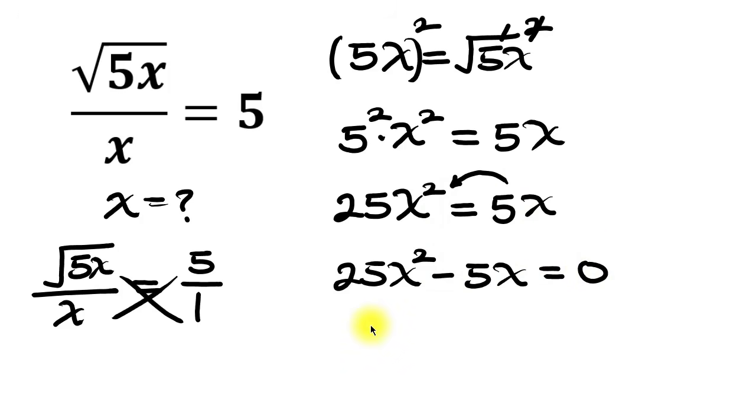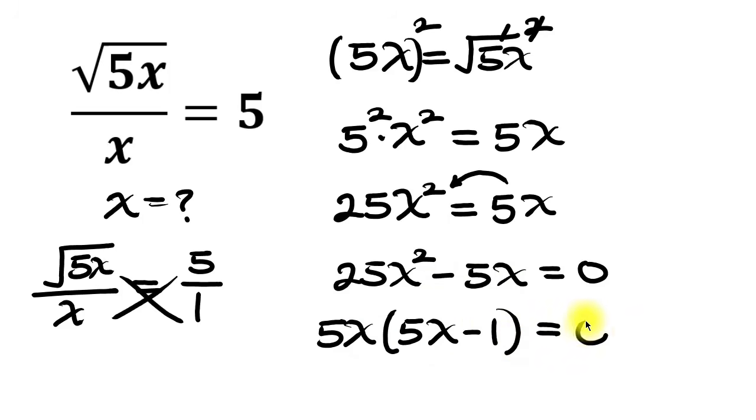Now notice that 5x is common, so we can factor out 5x. Now open bracket. Now let's divide. 25x squared divided by 5x, I have 5x. Minus, now 5x divided by 5x is 1. Good. And this is equal to 0.